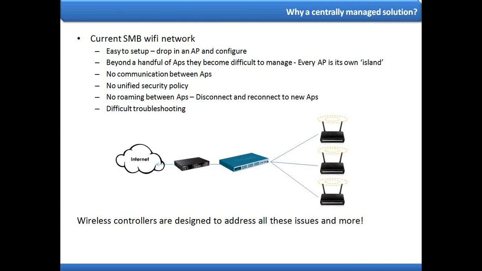You also don't have a function called roaming. And why roaming is important, especially for a small business. For example, a business that may have a warehouse that has scanning guns, or a medical office that may have iPads or other mobile devices, or even a wireless VoIP scenario. When you move from access point to access point, you typically need to re-authenticate, meaning that when you drop from one access point and connect to another, there's a lapse in signal.